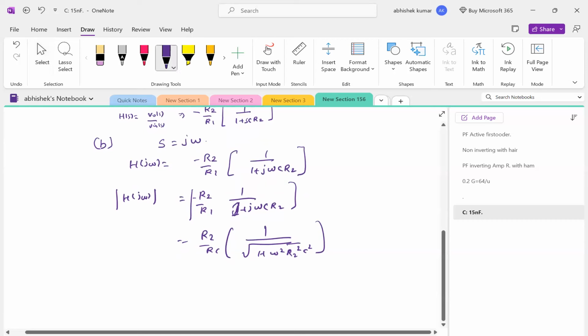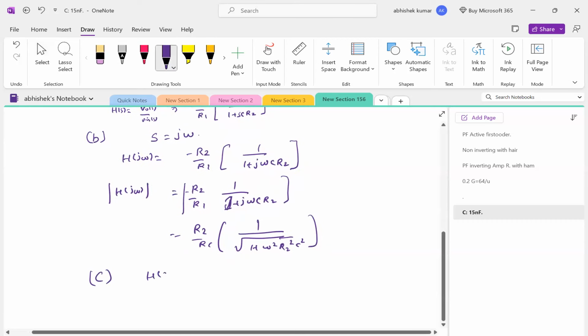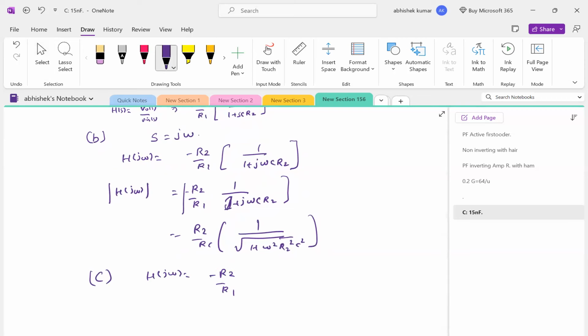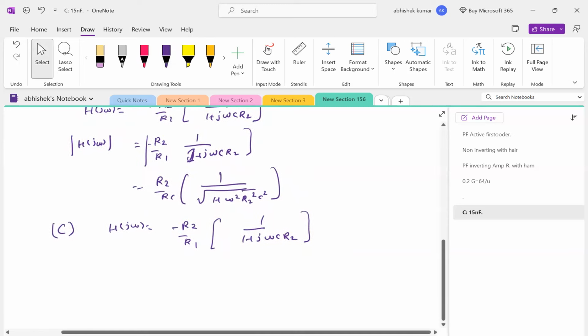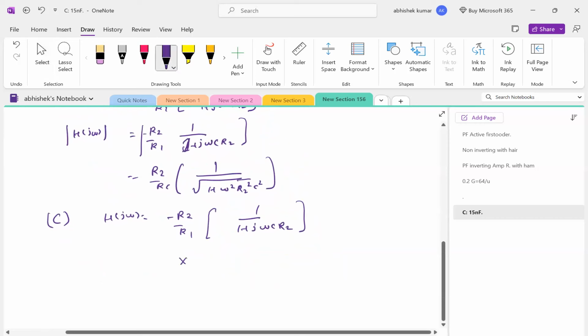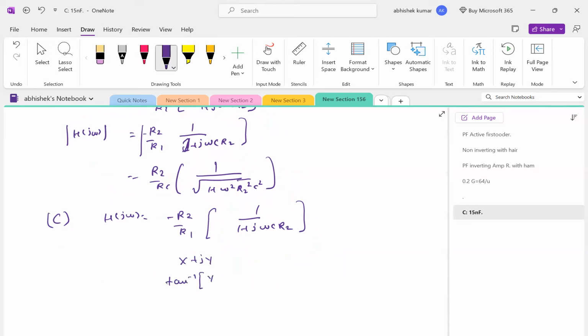Now in the C part, they have asked you the phase. So we have H(j omega) equal to R2 by R1 into 1 by 1 plus j omega C R2. So we know that suppose if my function is something like x plus jy, then our phase is tan inverse y by x, right or wrong? Correct.